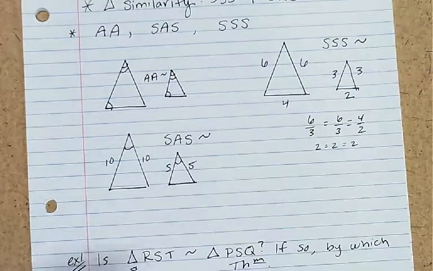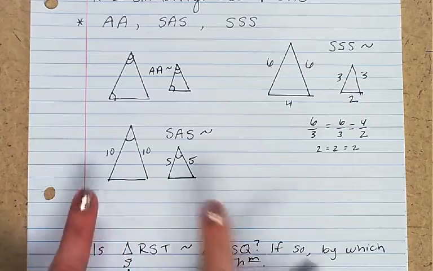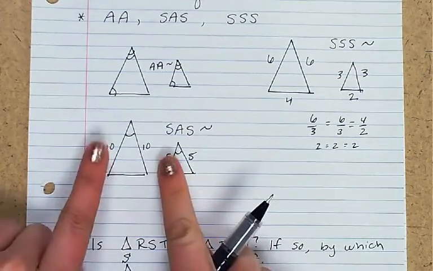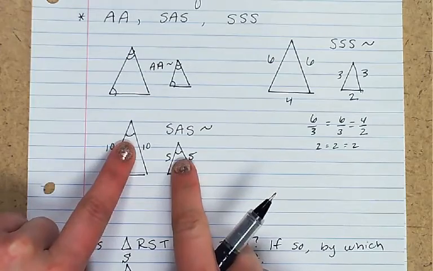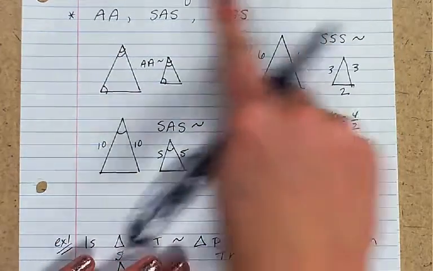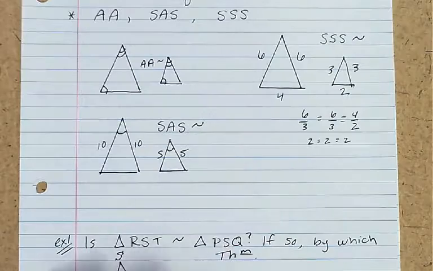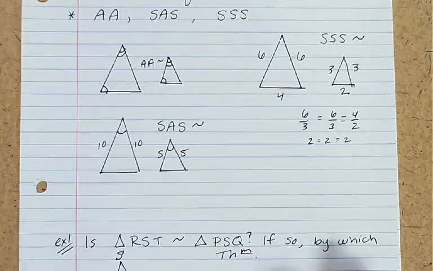Just to make it easy. So again, I know that these triangles are similar because if I simplify these two ratios, again, I get 2 equals 2. And if you have that angle in the middle, you're done. So there are 3 choices now that you can use to prove that triangles are similar.